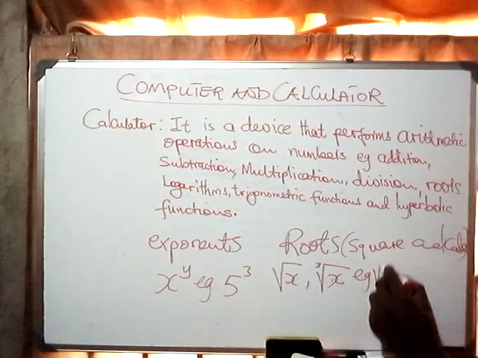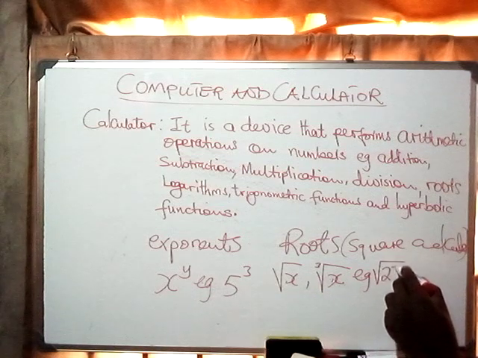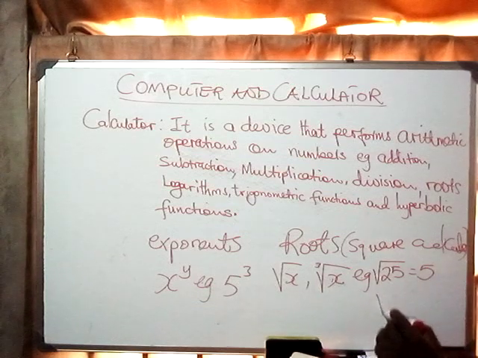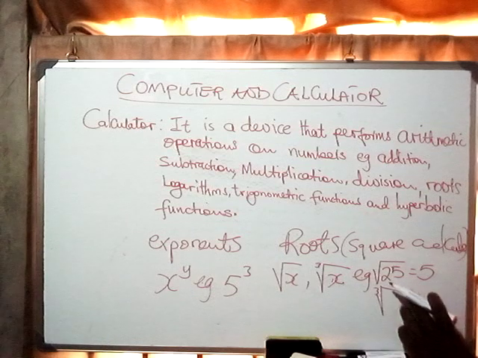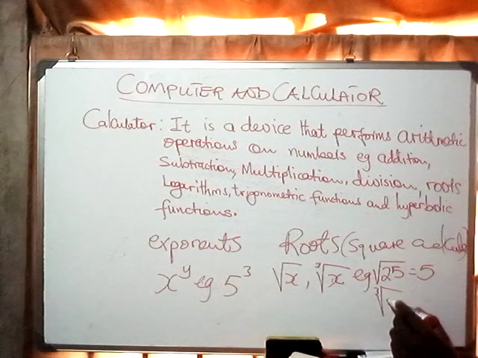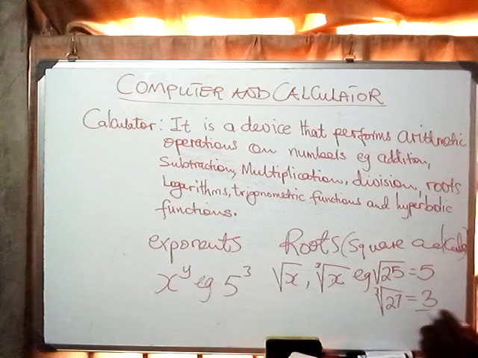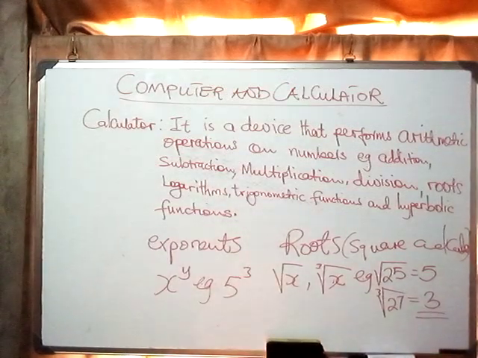E.g., we start with the square root of 25, which is 5. We have the cube root of 27, which is 3. So this is what we have under the roots, and also we have other roots. So this is what we have under the calculator.